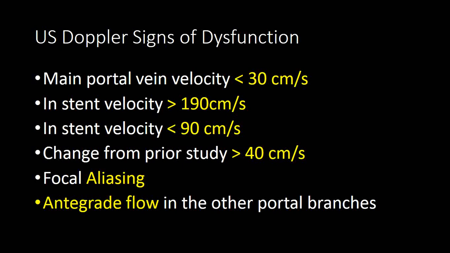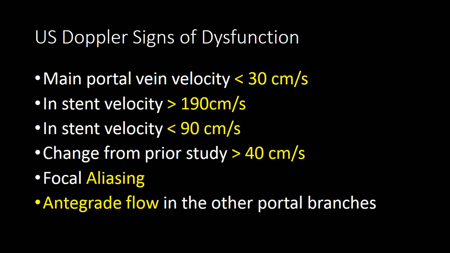If we see velocities within the stent that have dropped below 90 centimeters per second, and some people would argue you should use 60 centimeters per second, well then that means that blood is not flowing through the stent as it should, and there's probably a stenosis distal to that area of slow flow.